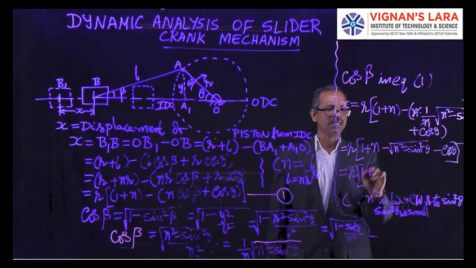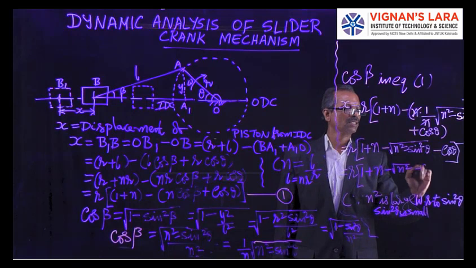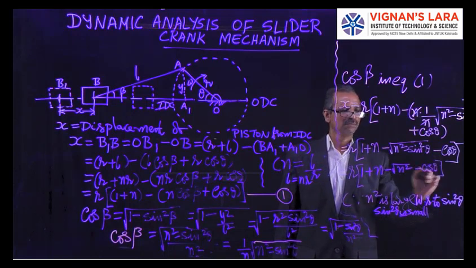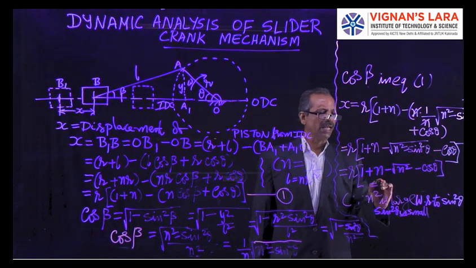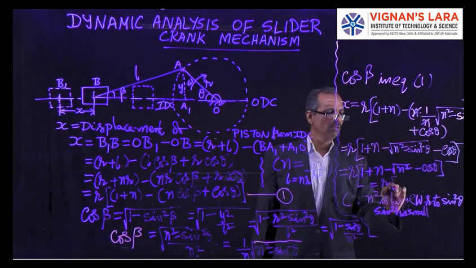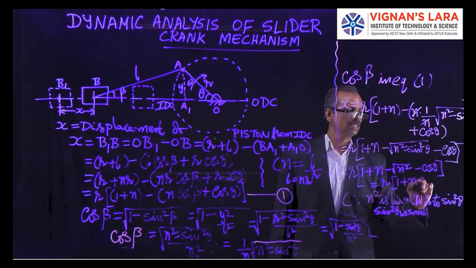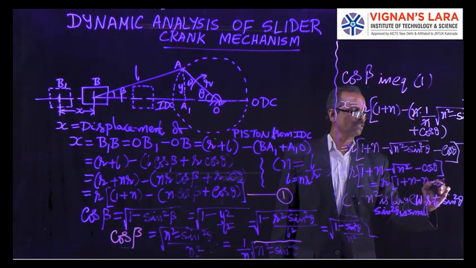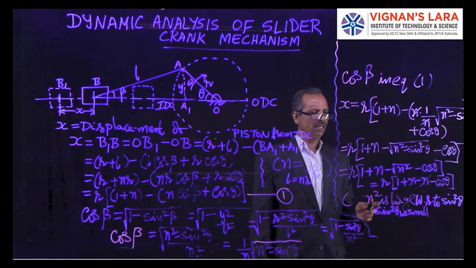Then 1 plus n minus root n square minus cos theta. Root n square is nothing but n. So r into 1 plus n minus n minus cos theta. So n gets cancelled.